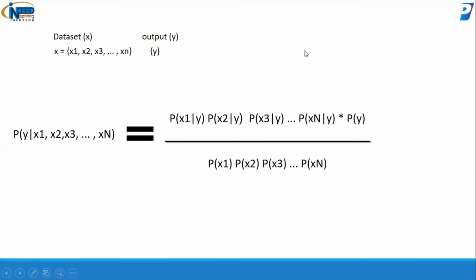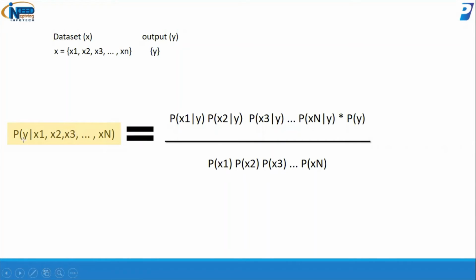The Bayes theorem can be modified as the probability of y, because the output is what we want to find, such that x1, x2, x3 till xn are already given. Because we have multiple features, we have to find the probability of y given all of them.